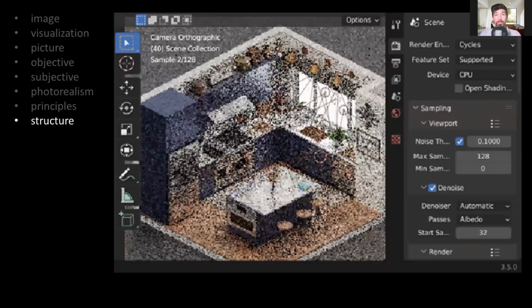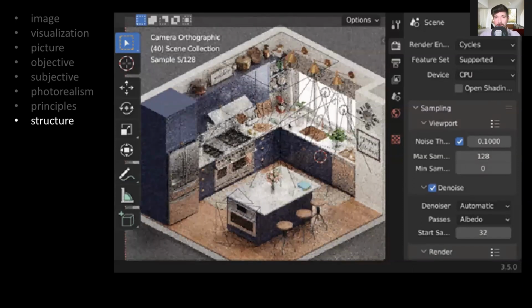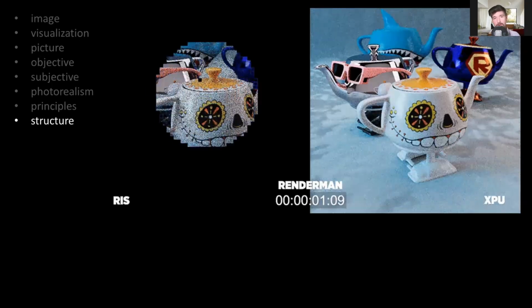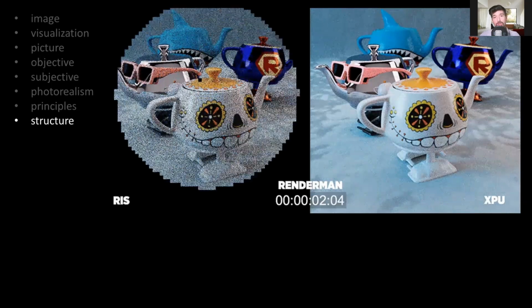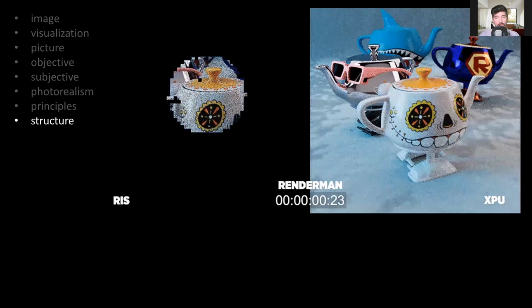Moving away from bucket rendering, we were introduced to progressive rendering, where we can use the CPU but achieve much better results by using a GPU. In modern days, we have XPU, which is an adaptive approach that can accommodate itself to the tasks at hand, like we see in this example from RenderMan.